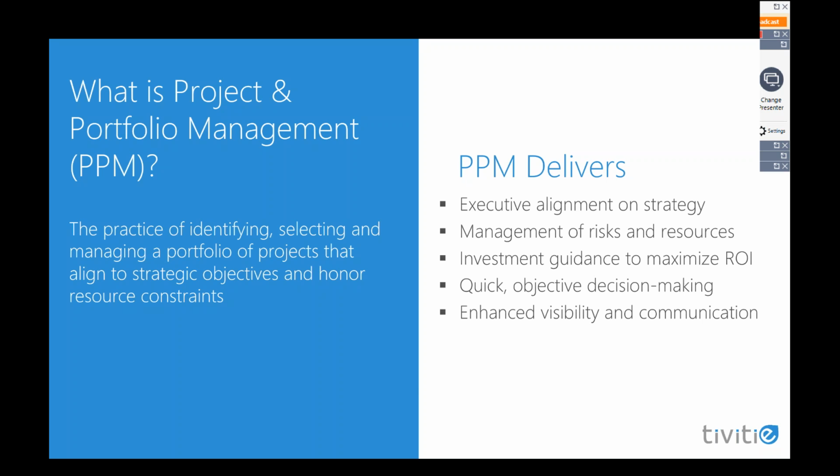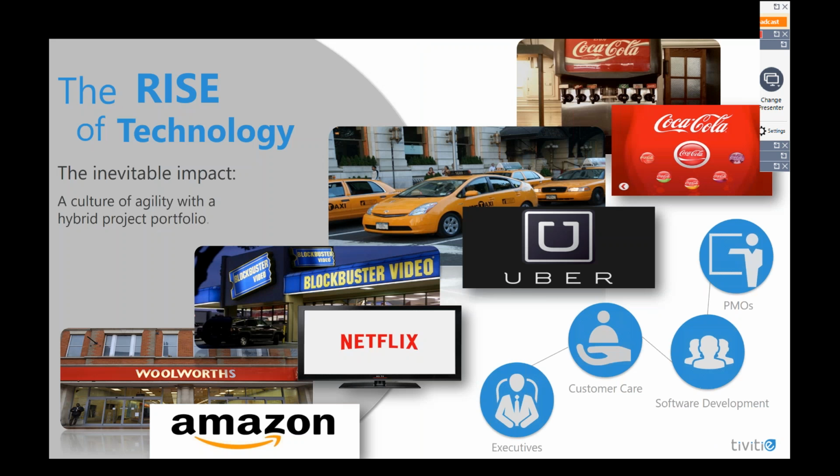And just like we talked about before about the age of the customer, what's driving the need to have these other types of projects and other methods of working is that we're all becoming digital companies. Former brick and mortar companies like Woolworths are now being driven in the marketplace by companies like Amazon. Blockbuster Video became Netflix for us. The old taxi and transportation modes have become Uber.